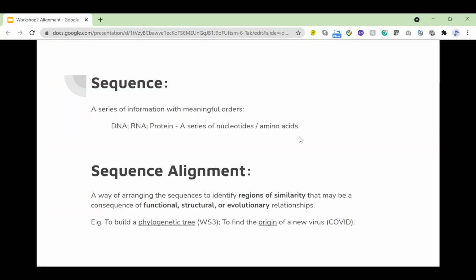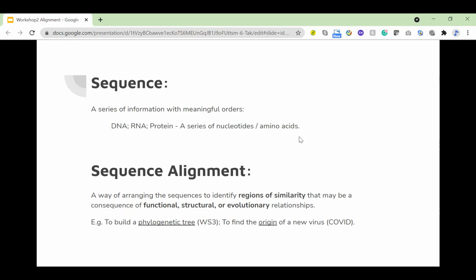Hope you still remember what a sequence is. Usually, we have a biological sequence, such as DNA, RNA, and protein or amino acid sequence. But usually, we can't directly obtain useful information from them. So we usually want to transfer or store them into a computational form.